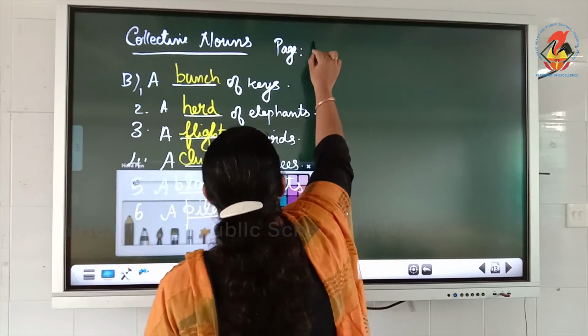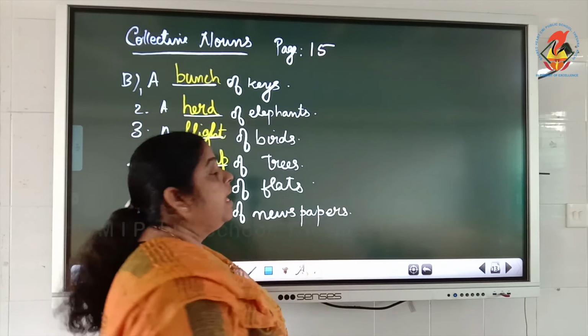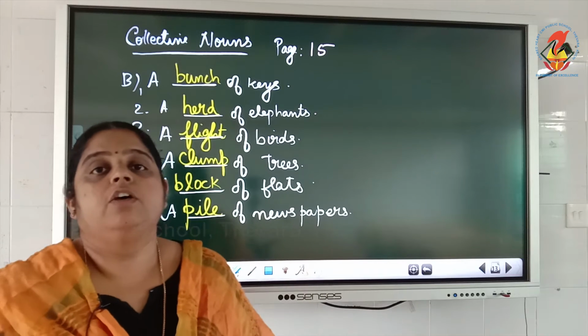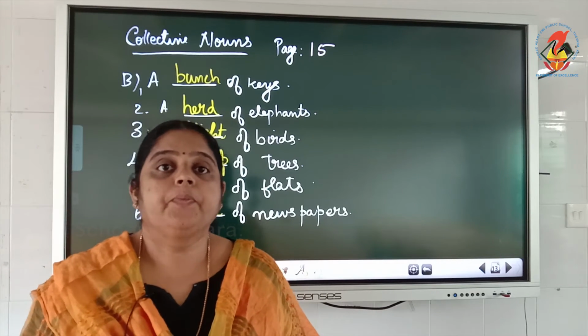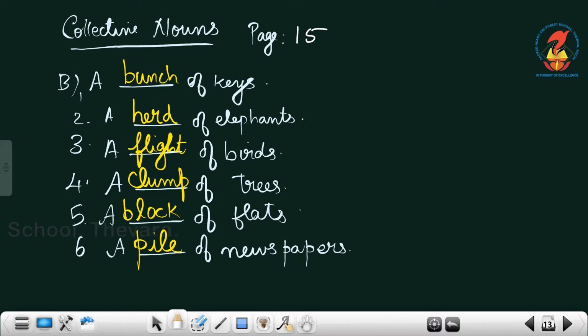What do you say for keys? Yes, a bunch of keys. You have to color the keys also. Then, next there is a picture of elephants. What do you say for a group of elephants? We say a herd of elephants.